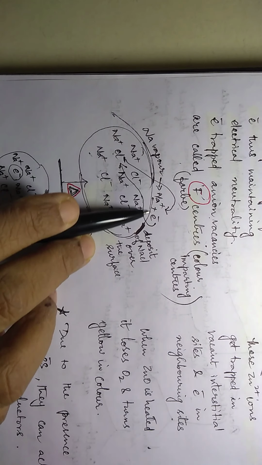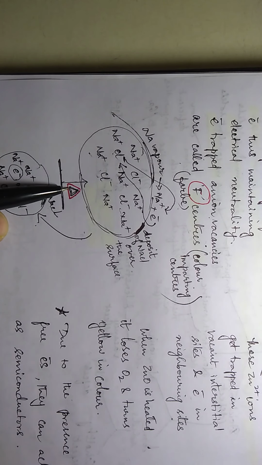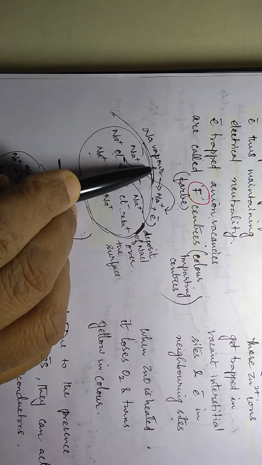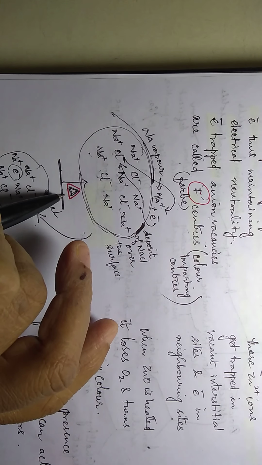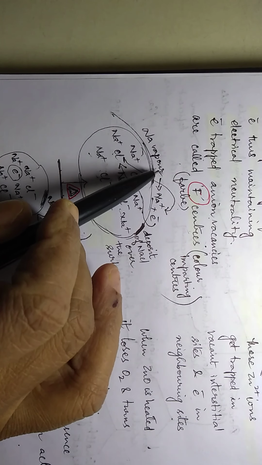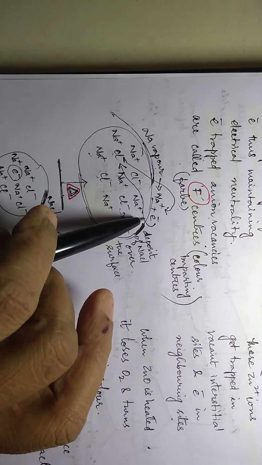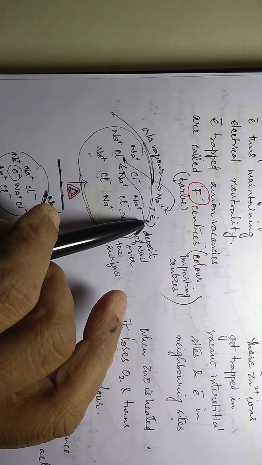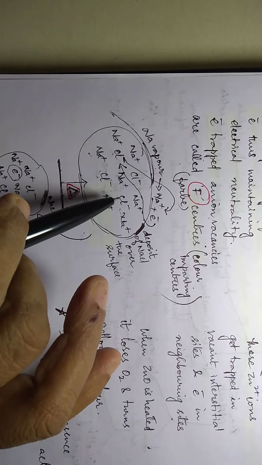Now this NaCl crystal lattice is heated in the presence of sodium vapors. Now what happens on heating? The sodium loses an electron. It undergoes oxidation, loses an electron, and Na plus is formed.